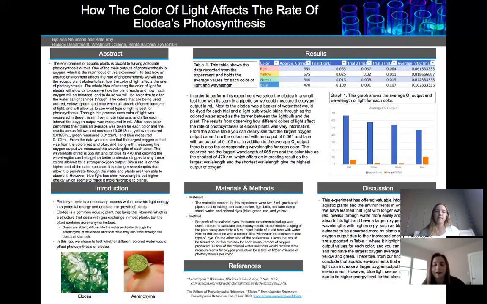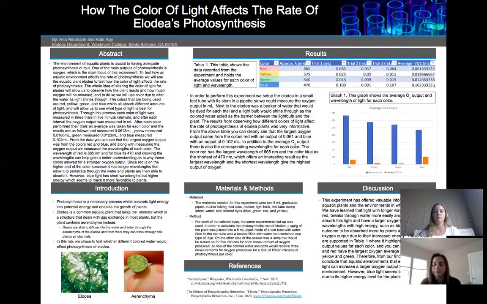But the main aspect we are taking away from this experiment is the average values of oxygen from each color. For red it's about 0.0613 milliliters, yellow is about 0.186, green was about 0.0123 milliliters, and blue is 102 milliliters.